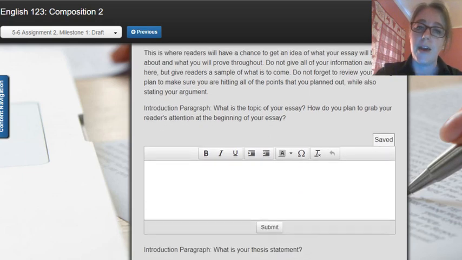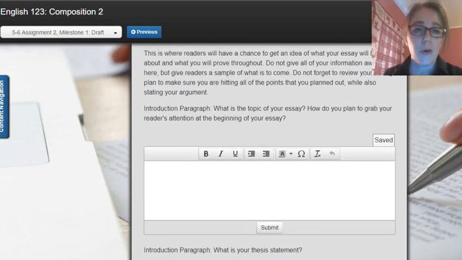As for our questions, introduction: what is the topic of your essay and how do you plan to grab your reader's attention at the beginning of your essay? You don't necessarily need to answer this question literally, as in the point of my essay is this, and I'm going to grab my reader's attention by saying this. Go ahead and write it out.